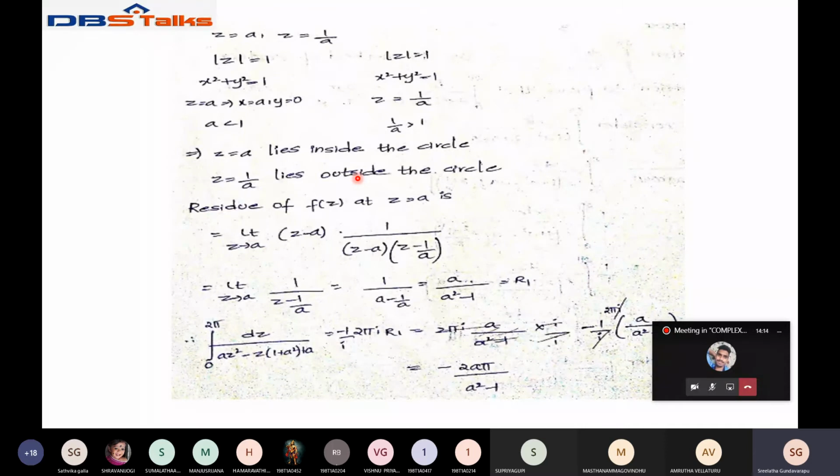Therefore the integral from 0 to 2π of dz / (az² − z(1 + a²) + a) equals (−1/i) · 2πi · r1. r1 is a/(a² − 1), so that equals −2aπ/(a² − 1).